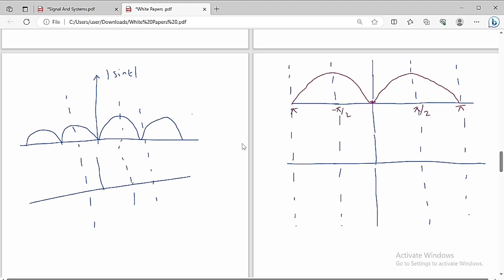Then the mod of cos is nothing but you just have to shift the signal by pi by 2, because you know cos theta is equal to sin of theta minus pi by 2, or you can say sin of pi by 2 minus theta.